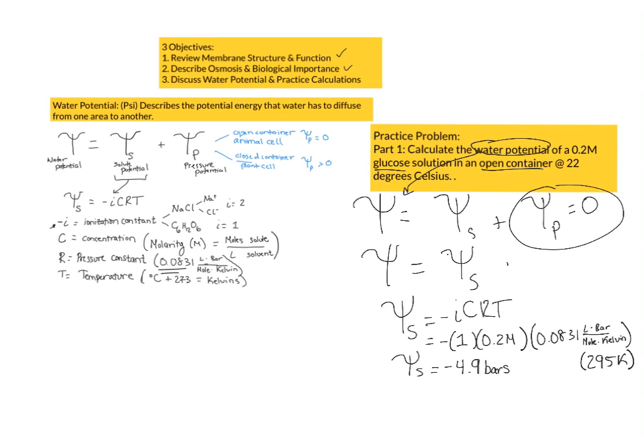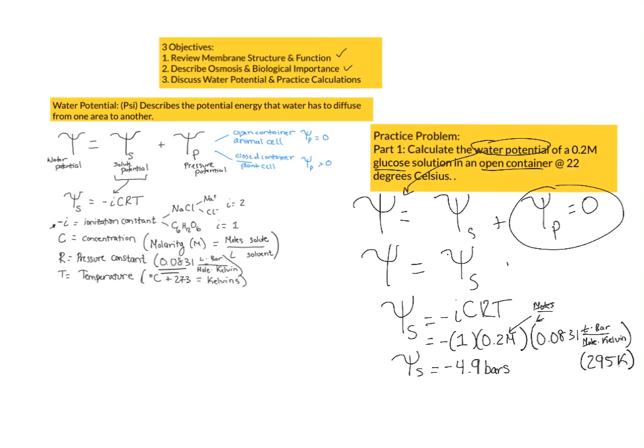Now, where do we get those units? So we have to backtrack and look at the units that cancel out. So starting with our concentration, this M, which stands for molarity, is moles over liter. And so when that's going to be multiplied with our pressure constant, the moles are going to be canceled out and the liters are going to be canceled out. That leaves kelvins.